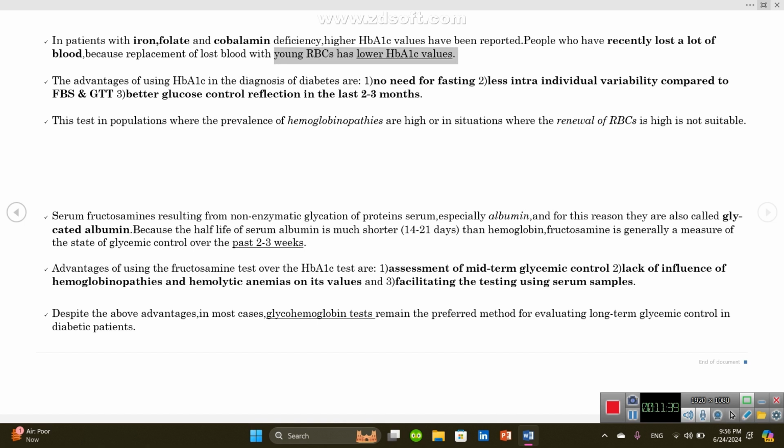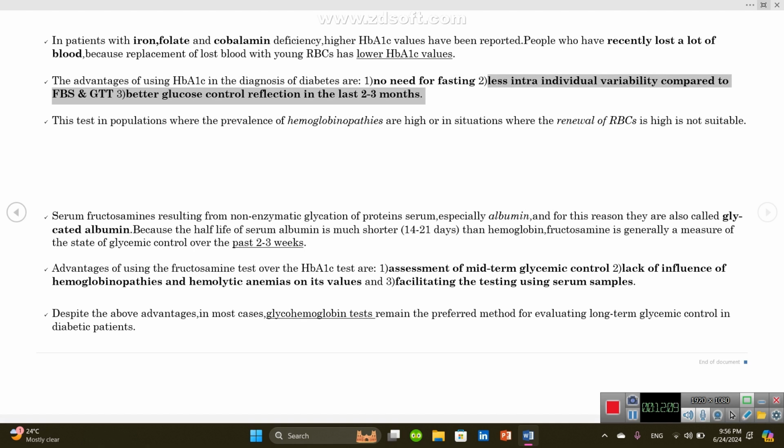Okay, so I have to say, actually using HbA1c has a lot of advantages. The advantages of using HbA1c in the diagnosis of diabetes are no need for fasting. The most important and the most applicable point of this test is no need for fasting. Second, less intra-individual variability compared to FBS and GTT.